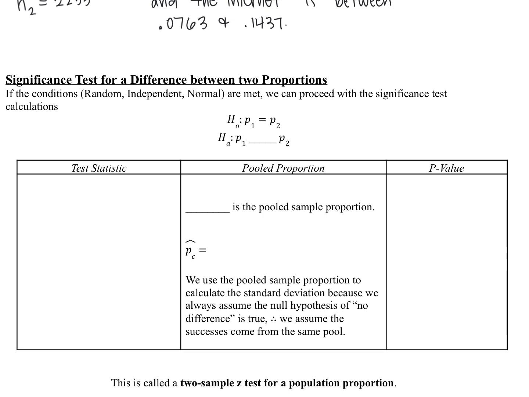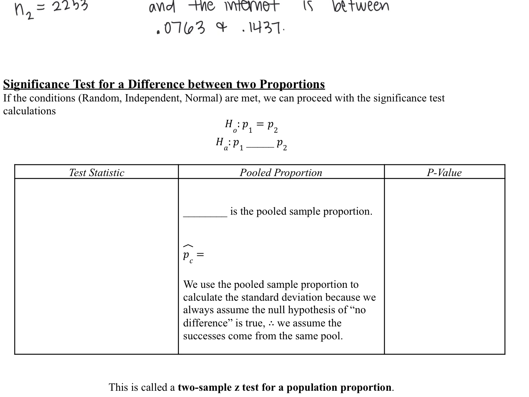Our alternative hypothesis can then either be that one of them is bigger than the other or that there is a difference. So our alternative hypothesis could be greater than, less than, or not equal to.